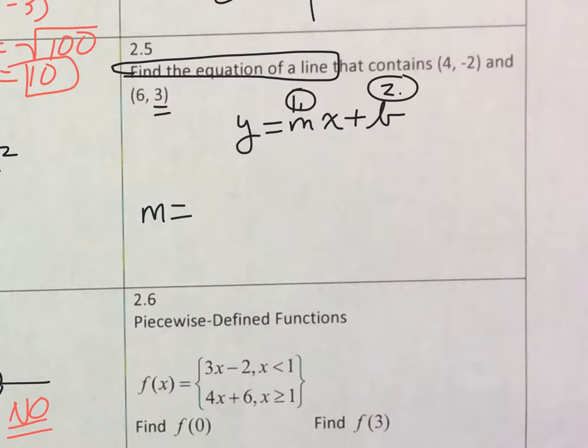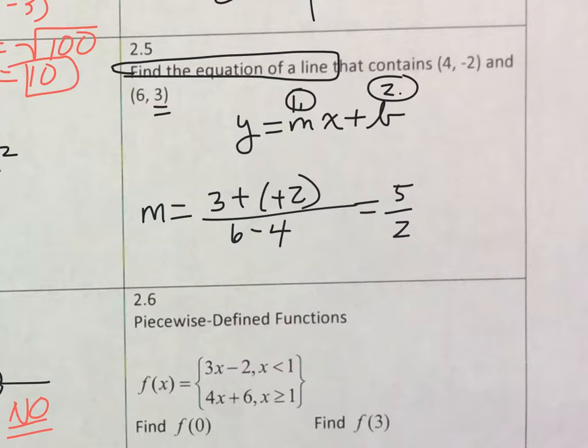If I let 3 be my y2, then y2 minus y1 would be 3 minus -2 over x2 minus x1 would be 6 minus 4. So what we got there? 5 halves. So my equation is going to be y is equal to 5 halves x.